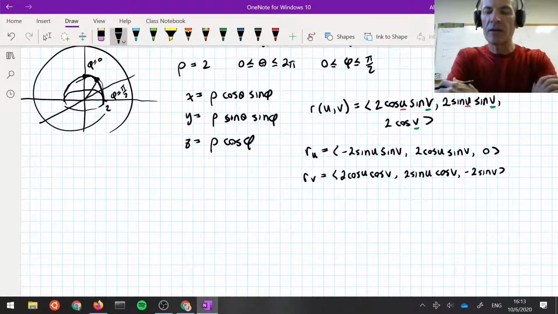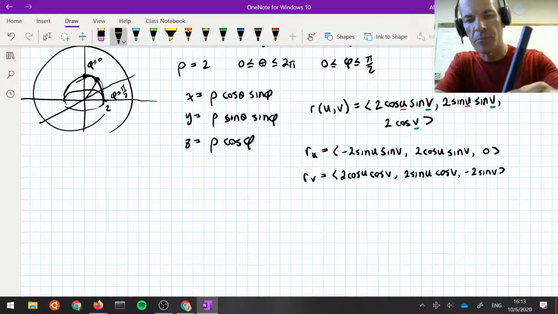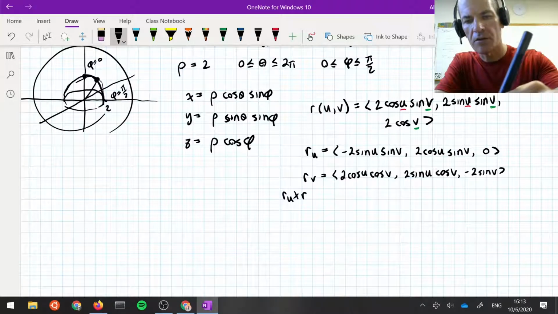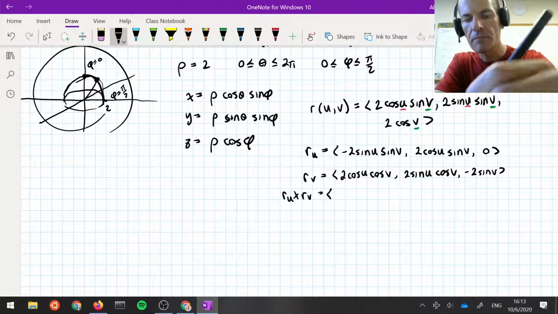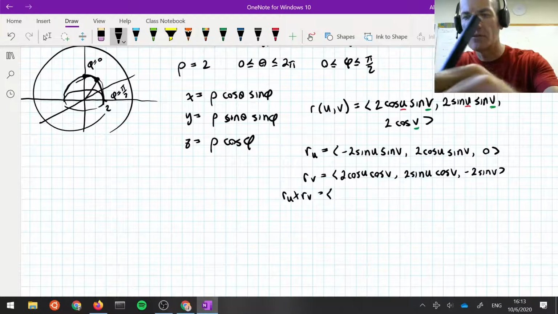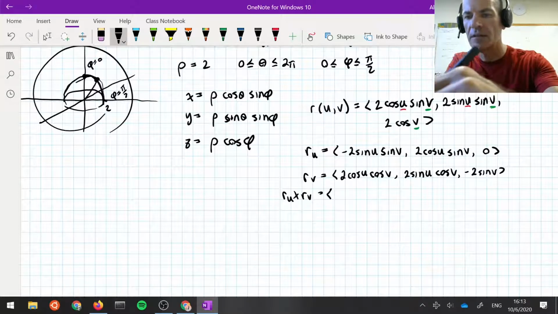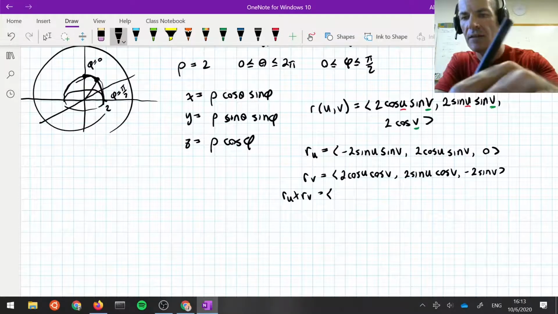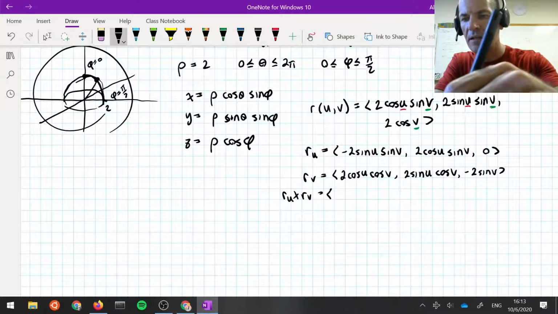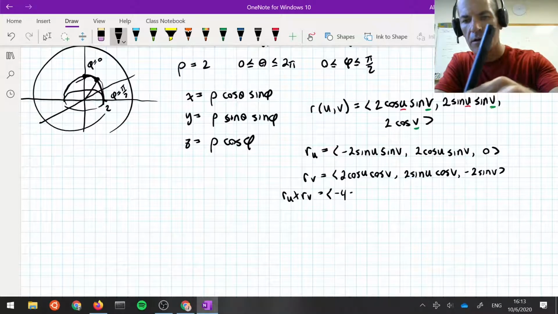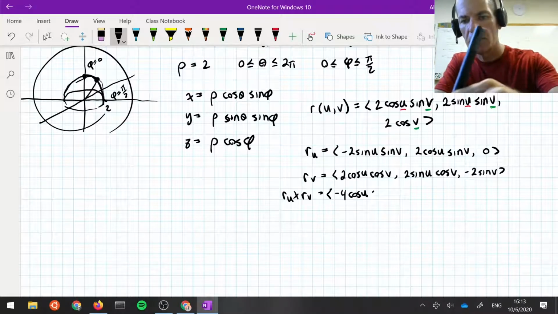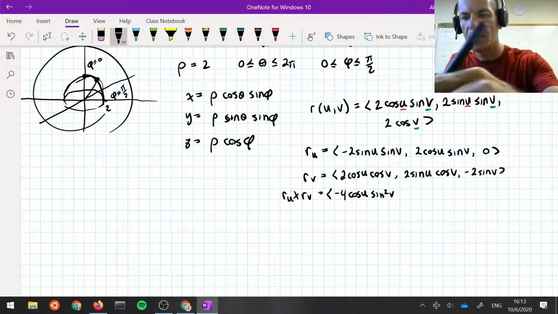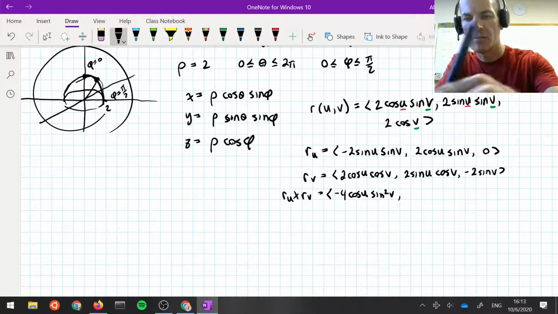All right, now we've got RU and RV. We want to compute the cross product, RU cross RV. The first component is going to be 2 cosine u sine v times -2 sine v. That's going to be -4 cosine u sine squared v minus 0 times this term, which is 0.